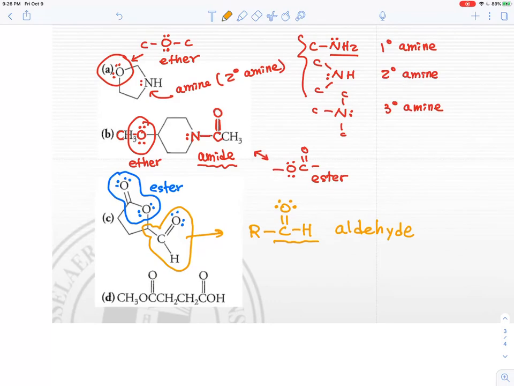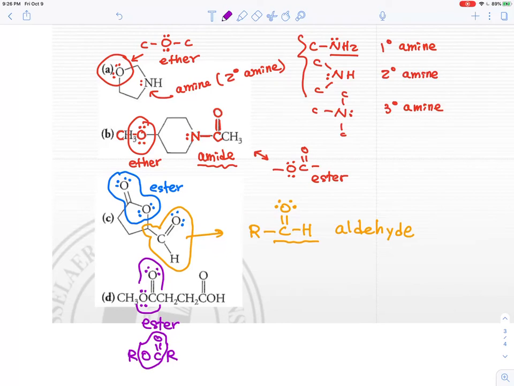The last one: what do you see? I see the oxygen with a lone pair, so that must be a functional group, and it's connected this way, so that is an ester. Once again, this is an ROCOR. That is an ester group.